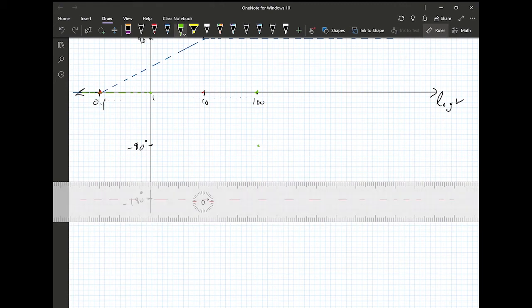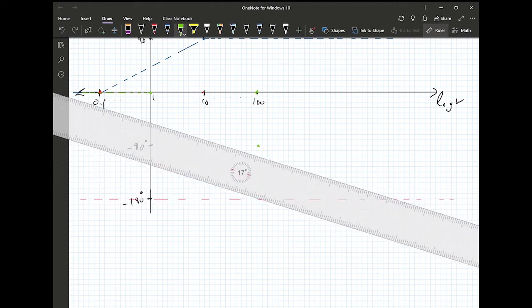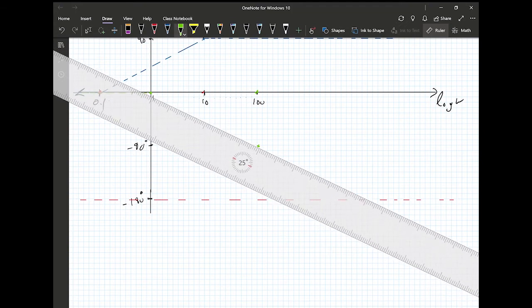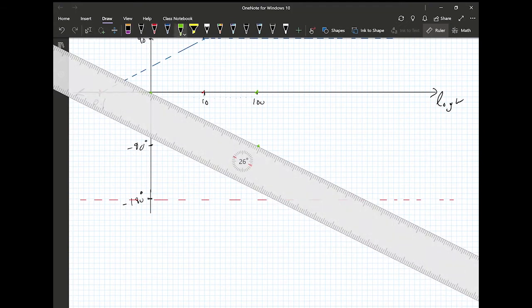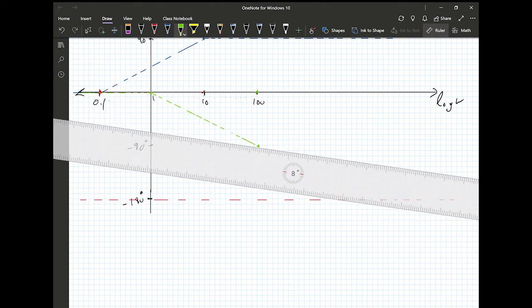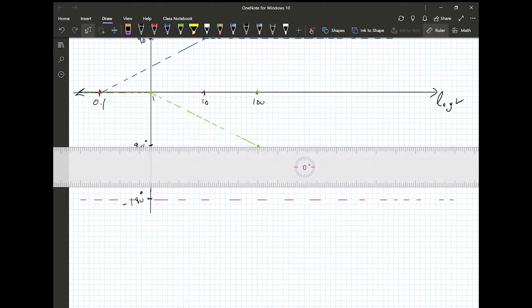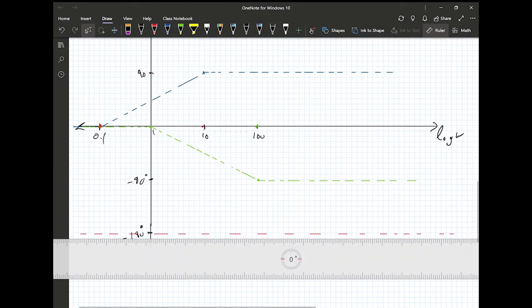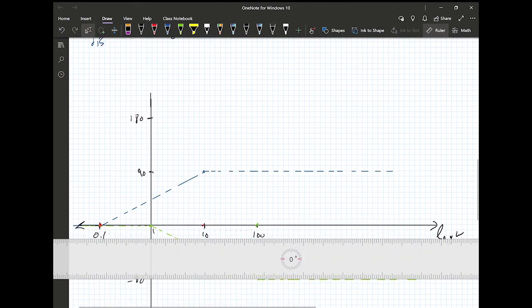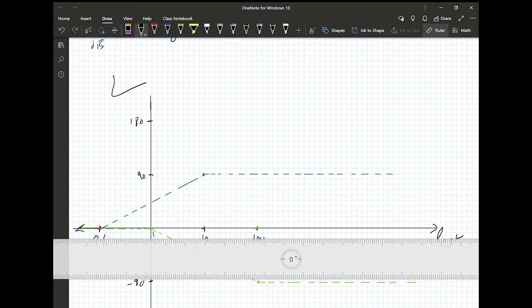Of course, with the slope of minus 45 degrees per decade. So it's going to look like this. Go down with the slope of minus 45 degrees per decade and then settle at minus 90. Right?